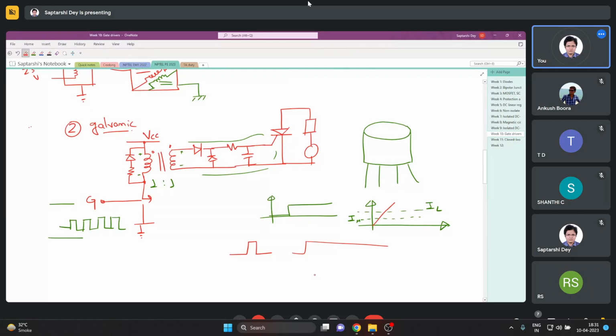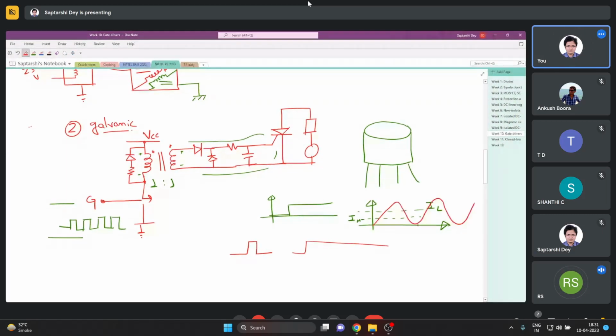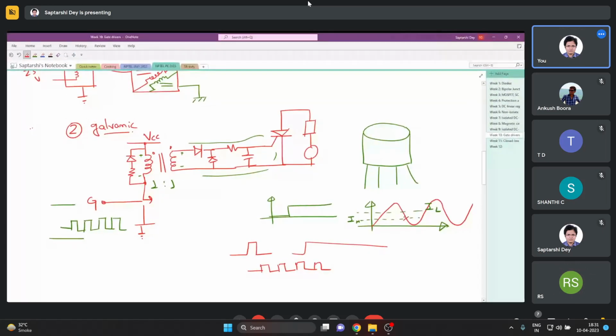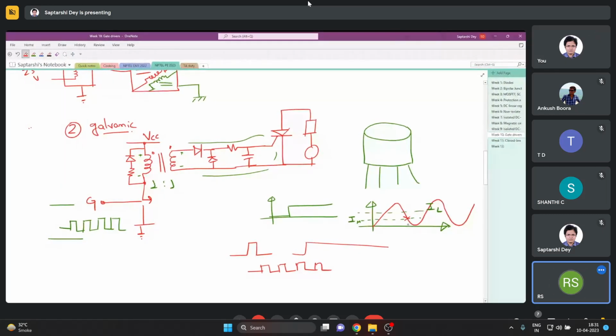That is not required. But it might so happen that due to variation of load or due to circuit properties, this current shows a nature like this, and you want this current to keep going. Now if you do not give a train of pulses like this, then once the current crosses this point, the thyristor turns off.